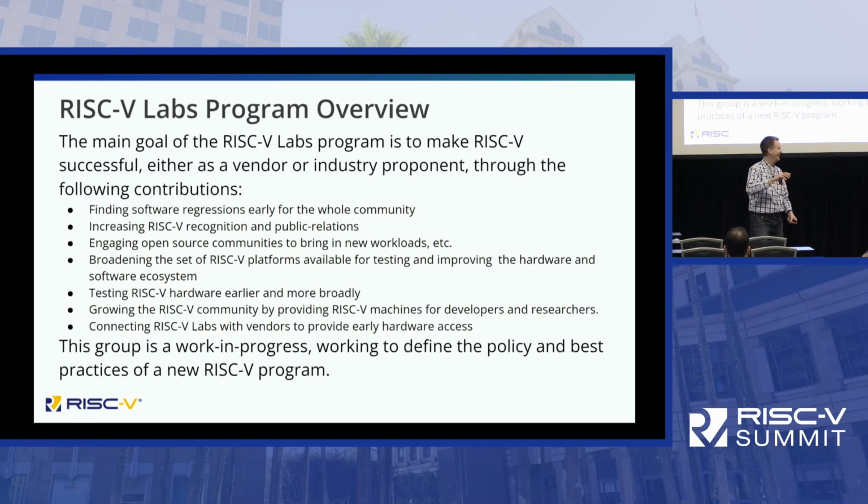Well, hey, I have a CI service here. Tie this into your GitHub repo, and now we can run your tests on RISC-V, and we're just a part of their community or their ecosystem. So that is the vision of the other part of ecosystem enablement for us, and that's the labs program.